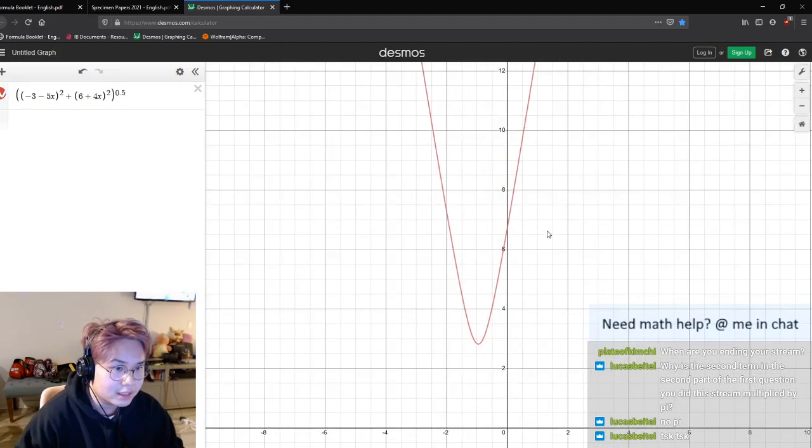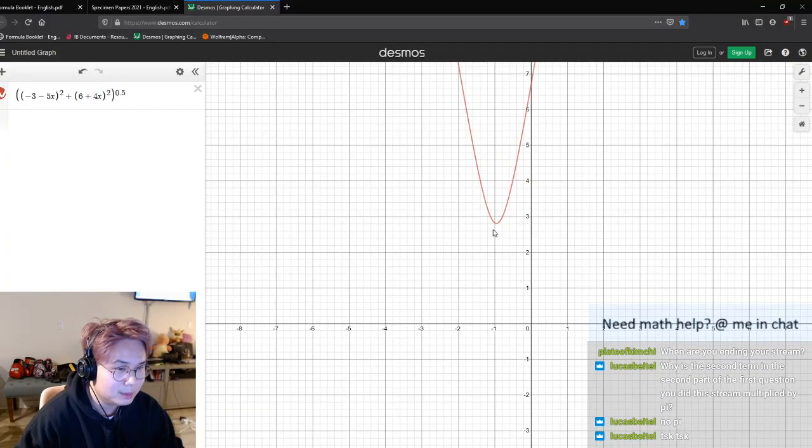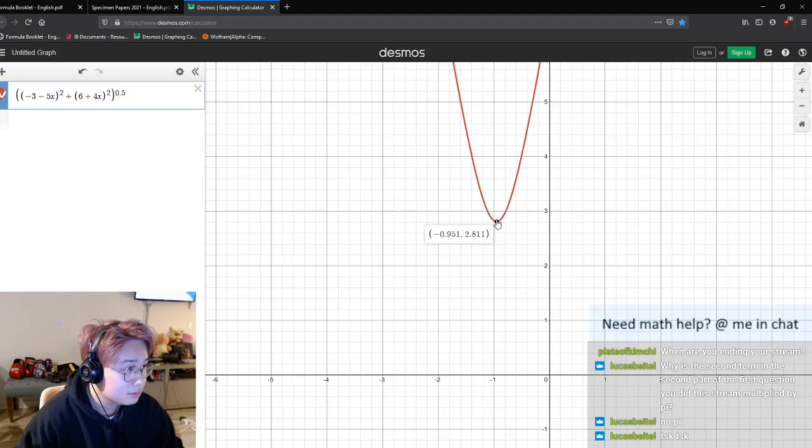Okay, well, oh, no wonder, I was on this side. But you can see there's going to be a minimum right here at this x value and y value. So the minimum distance is the y value, 2.81.